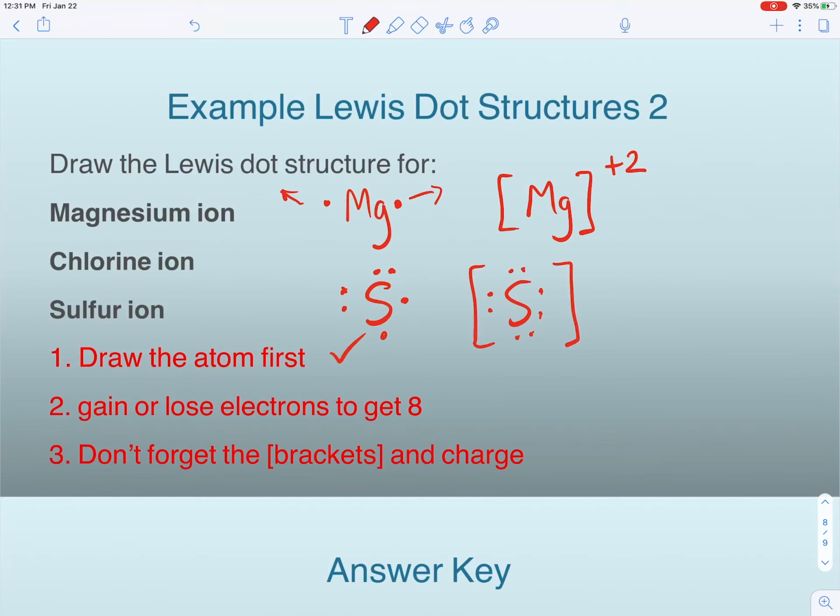When it gains 2 electrons, it's going to become an ion with a negative charge. Just to recap, when you lose electrons, you form a positive charge equal to however many electrons you lost. If you gain electrons, you form a negative charge equal to however many electrons you gained. Make sure you try the chlorine one on your own.